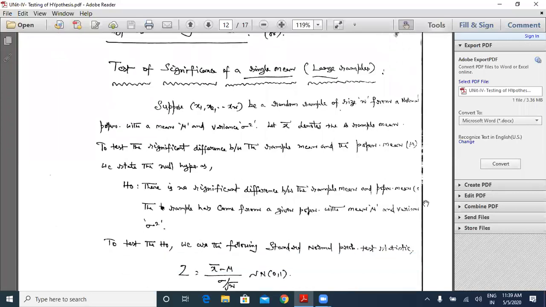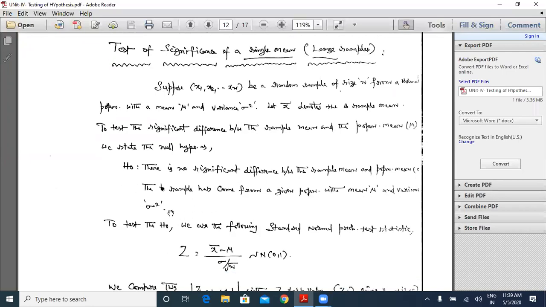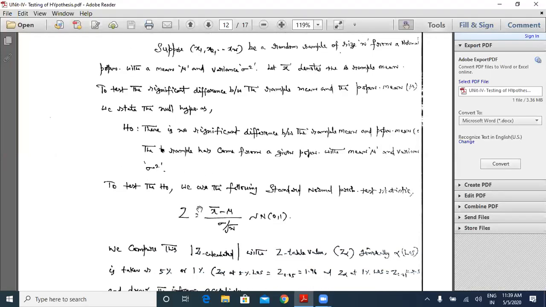The meaning of that is the sample has been drawn from the population whose mean is mu and variance is sigma square. So you write H naught like this: there is no significant difference between the sample mean and population mean. Symbolically, H naught: x bar is equal to mu.